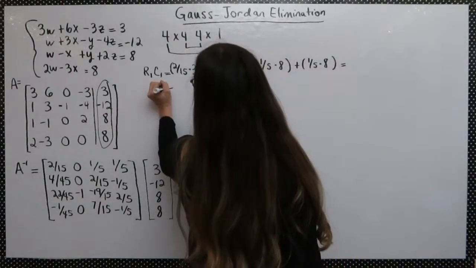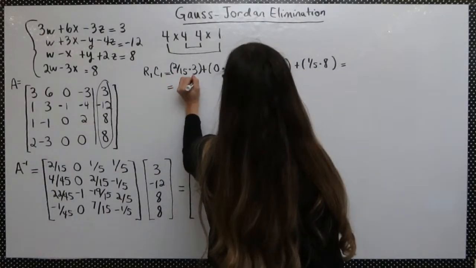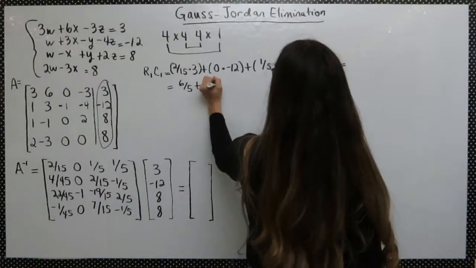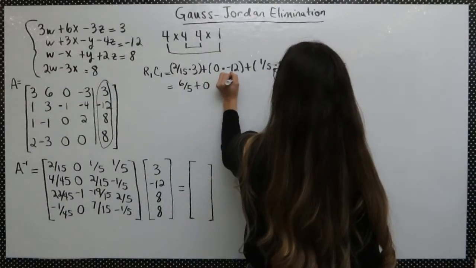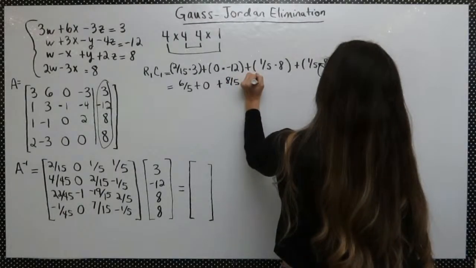All right, so this is going to be 2 times 3, which is 6/5, plus 0, plus 8/5 for that one, plus 8/5.